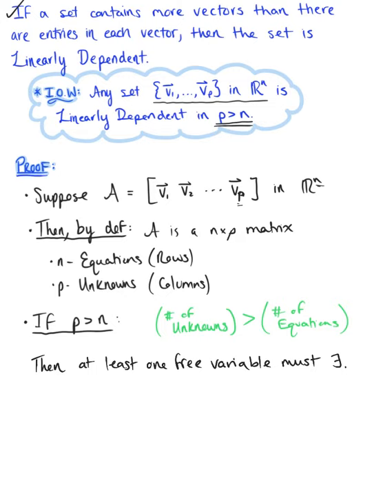And if one free variable exists, what does this tell us about the homogeneous equation using this matrix A, or the vector equation? It has a non-trivial solution. So if a free variable exists, then the homogeneous equation, or your vector equation, has a non-trivial solution.